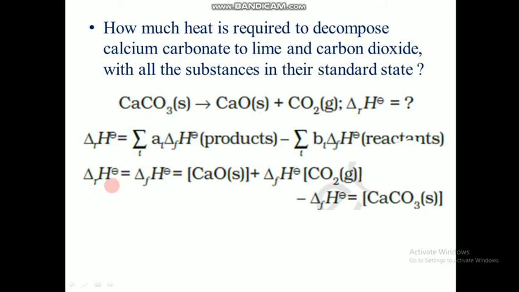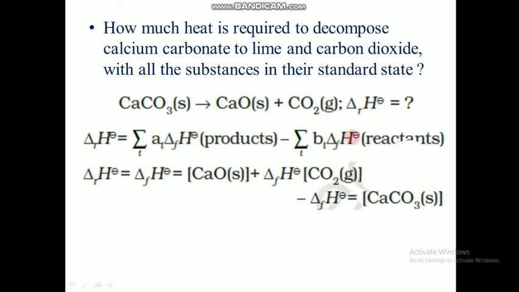So the standard enthalpy of reaction is equal to the enthalpy of formation of CaO, or the energy required to form CaO from its elements, that we are substituting here, plus the enthalpy of formation of CO2, the energy required for the formation of CO2 from its elements, that we are summing.